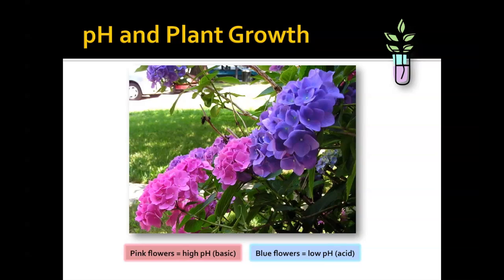Interestingly, there are hydrangeas. You can actually modify your hydrangea to have pink flowers or blue flowers, and some people treat one side of the plant with a little bit of ammonium sulfate or something to lower the pH, so you can get this color difference in the flower.